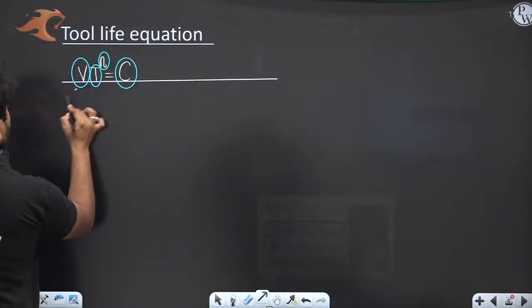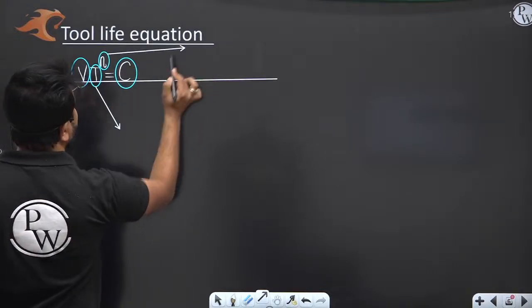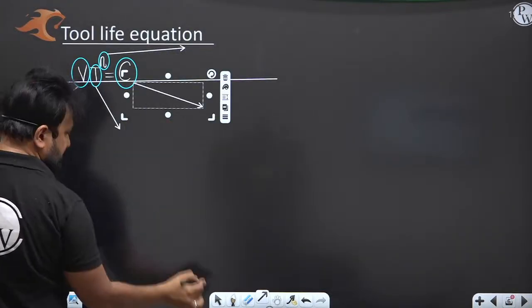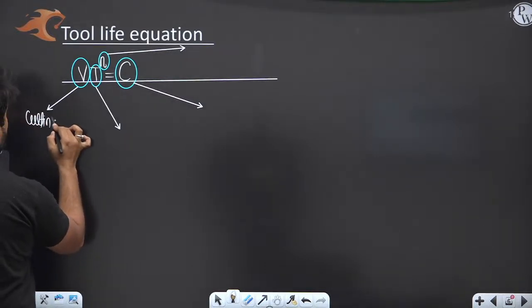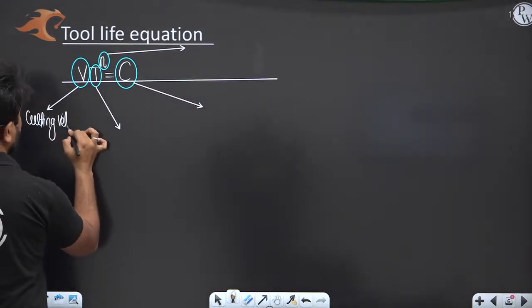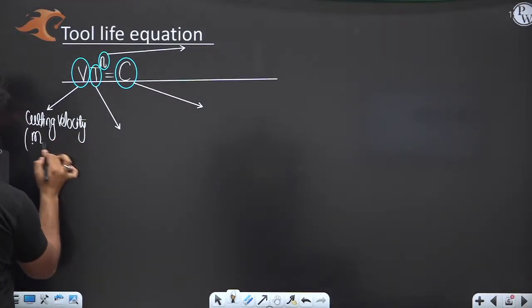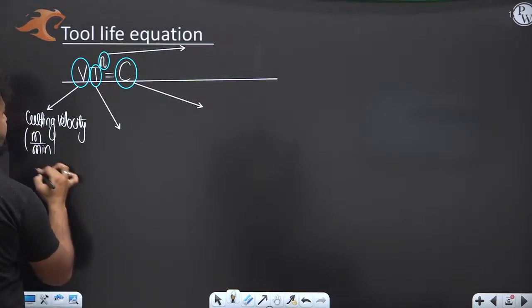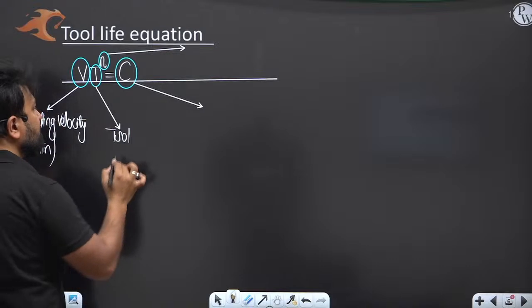Here V is the cutting velocity, which must be in meter per minute. T is the tool life corresponding to the cutting velocity.